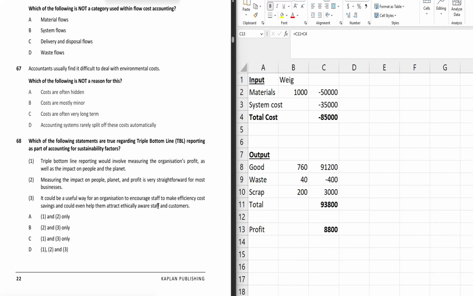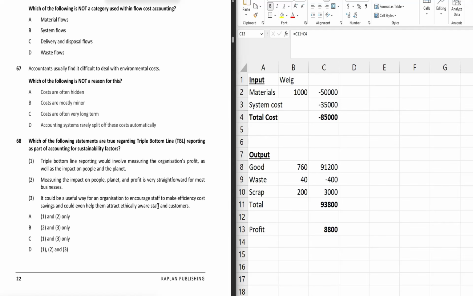So this is true. If a company is able to prove that they care about the people, they care about the environment, they also care about sustainable profit, obviously it can improve the reputation. It will encourage employees to find ways to reduce the cost and save the cost.